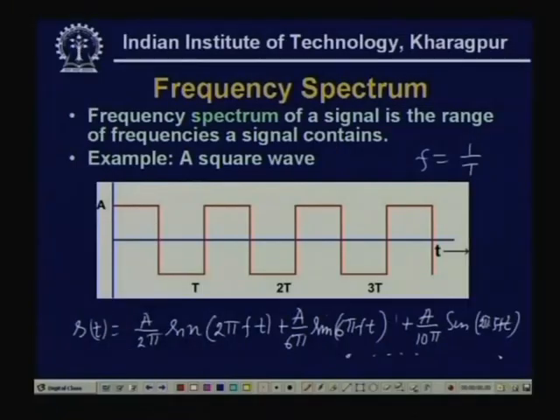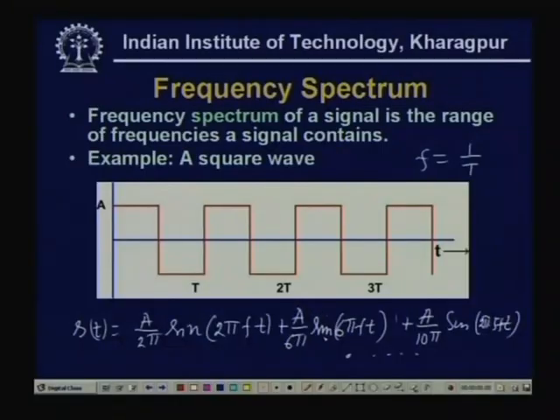However, as you can see here, the amplitude gradually decreases: A by 6 pi, A by 10 pi, A by 12 pi, like that it will keep on falling. But it will have frequency components of infinite frequencies, all the frequency components starting from f to infinity.